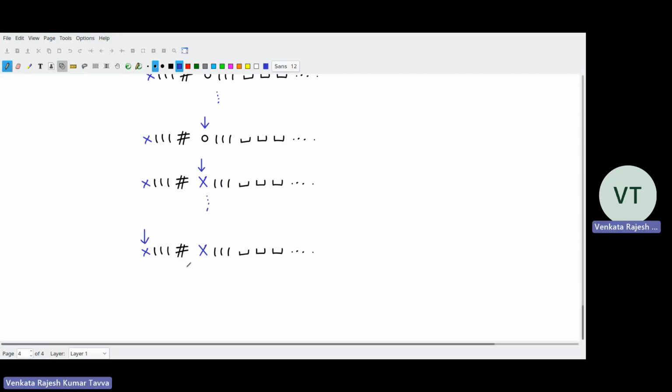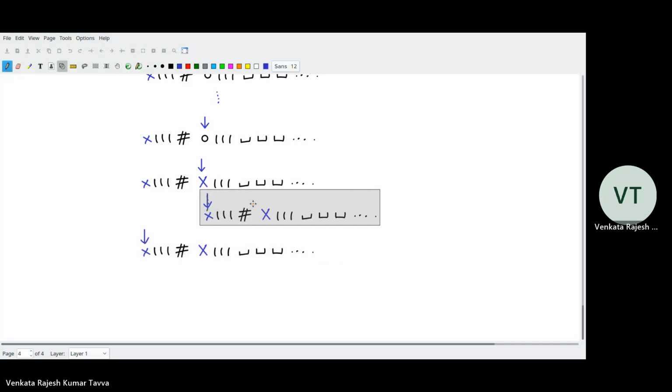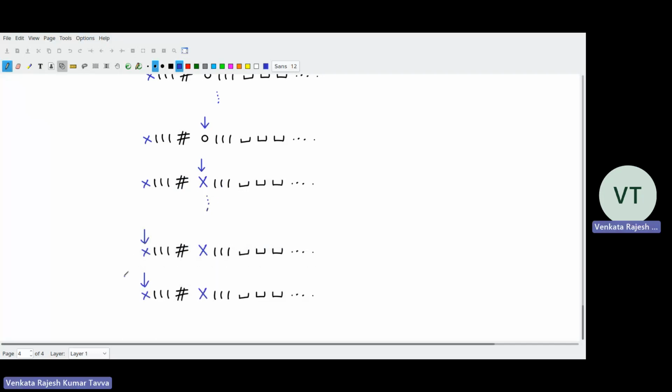Okay. Now I stop there and I start moving right. I move one step right and I see the next symbol. So I come here. I see this symbol. Now I cross this. I go to the right. I see the first uncrossed symbol. Compare that with this.